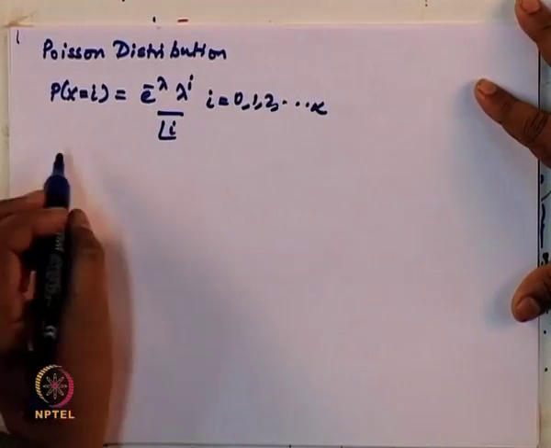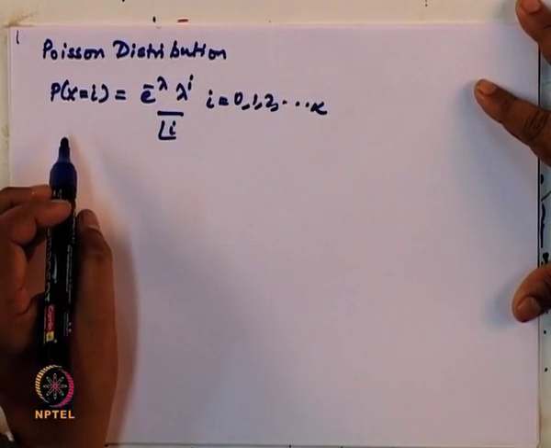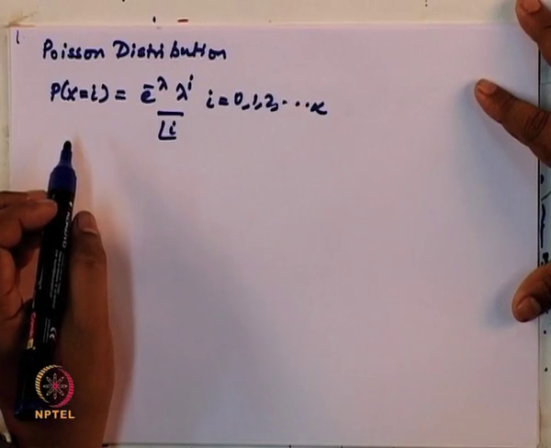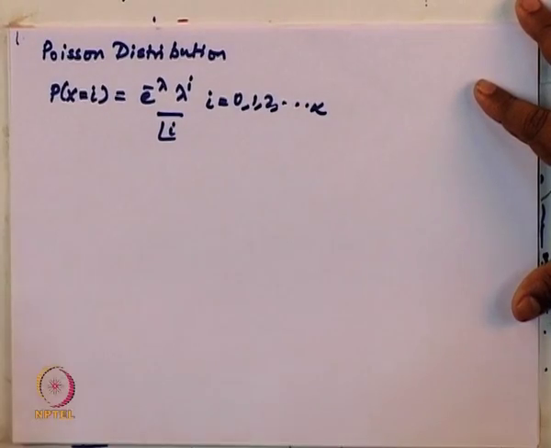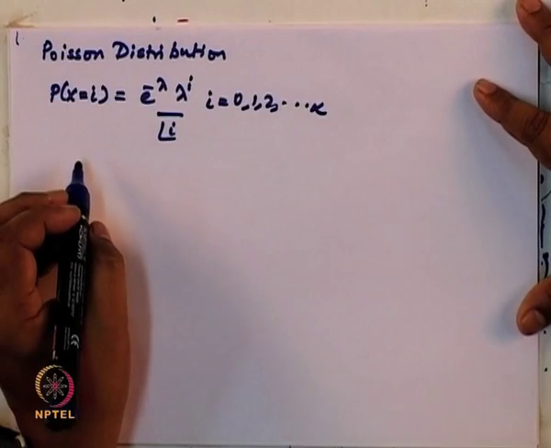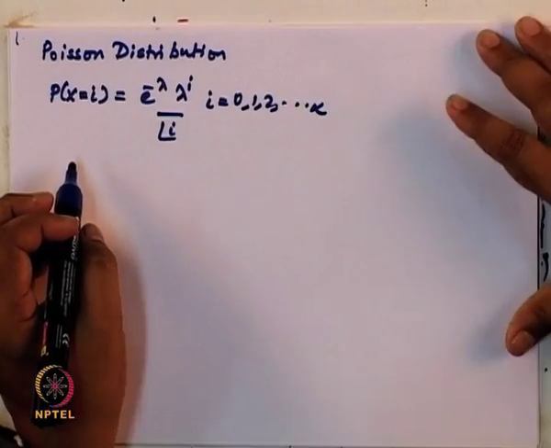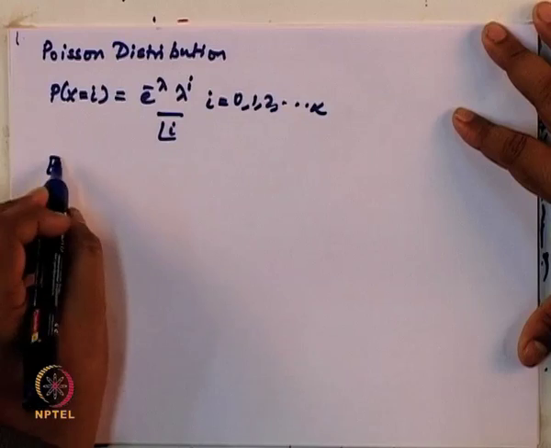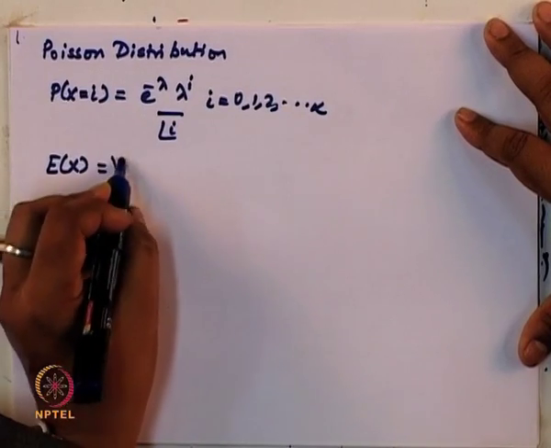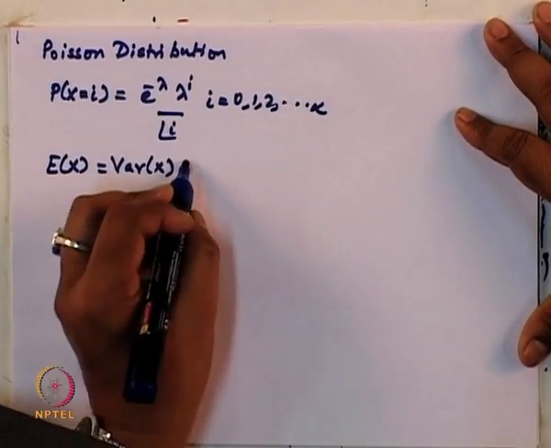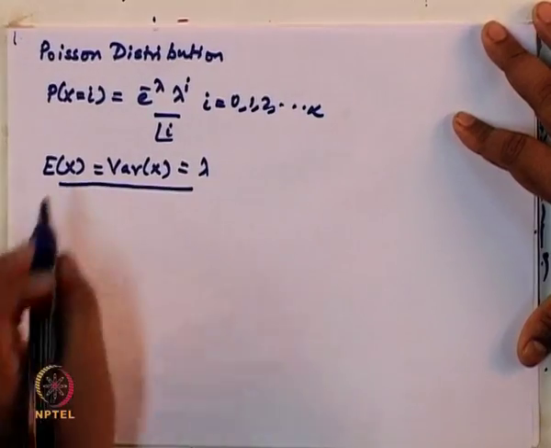The Poisson random variable is a discrete random variable, but it can go up to very high values. What we had demonstrated in last class was that for the Poisson distribution, your expectation and variance both return a value of lambda.